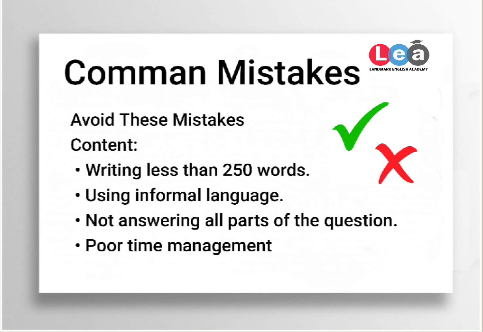Avoid not answering all parts of the question. Address all the questions that they are asking. Poor time management needs to be avoided, because if you are not able to manage your time, you are not able to express your point of view clearly. If you lack time, you are not able to write accurately. Sometimes you make silly errors just in a hurry. So time management should be there.